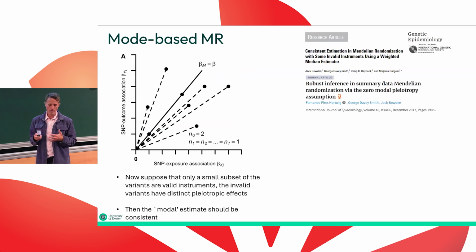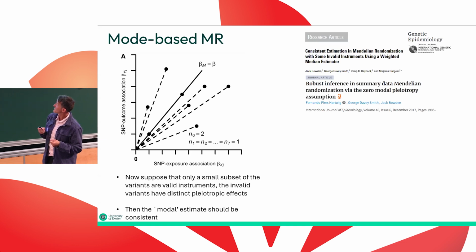There is an even more robust method, which is based on mode-based estimation, and it works even if there's a very, very small subset of genetic variants that are valid. So here in this plot, we've got 8 variants, N0 to N7, and 2 of them are valid instruments, and the other 6 are invalid.